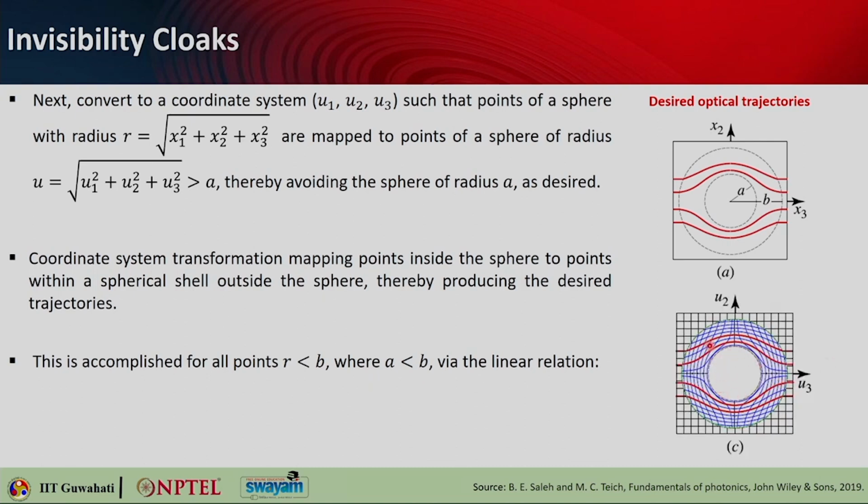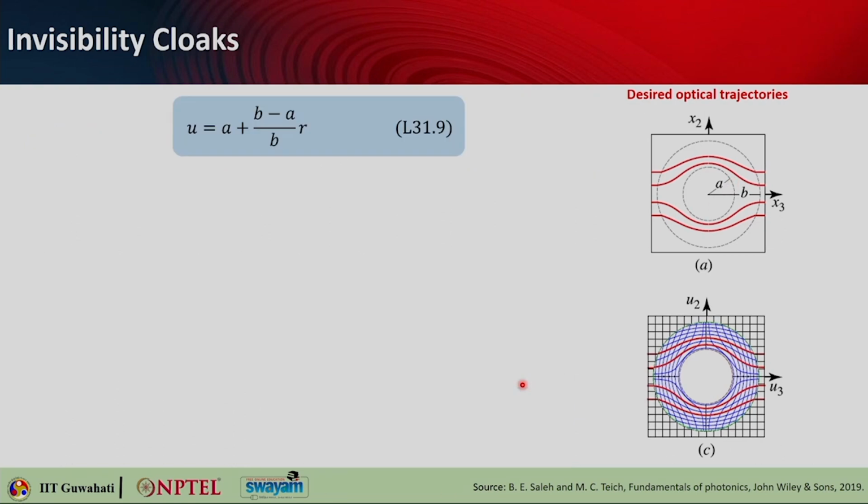All these points have to be mapped here. So you can actually use a transformation like this: u equals a plus (b minus a) over b times r. So you can see what happens to the point over here. You can put r equal 0, you can put r equals a, and you can find out what is happening to this transformation.